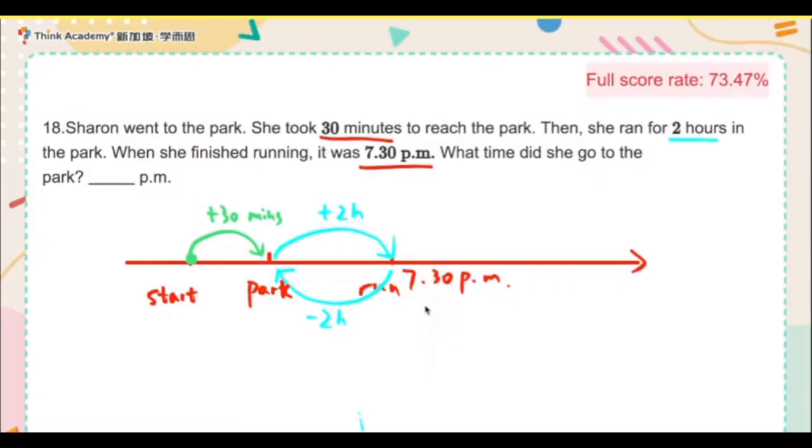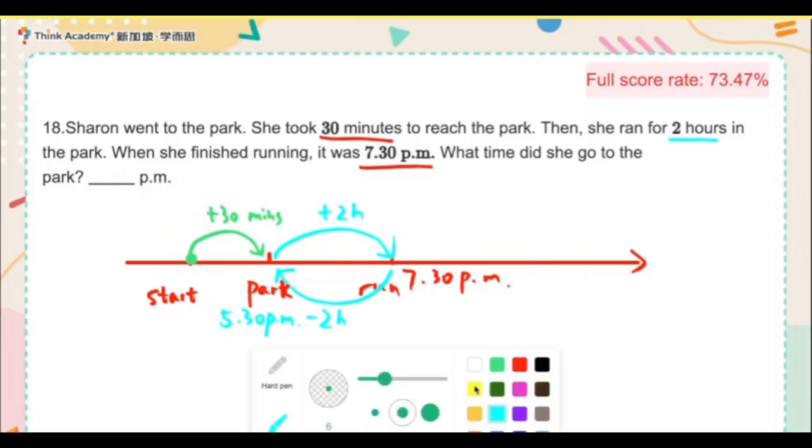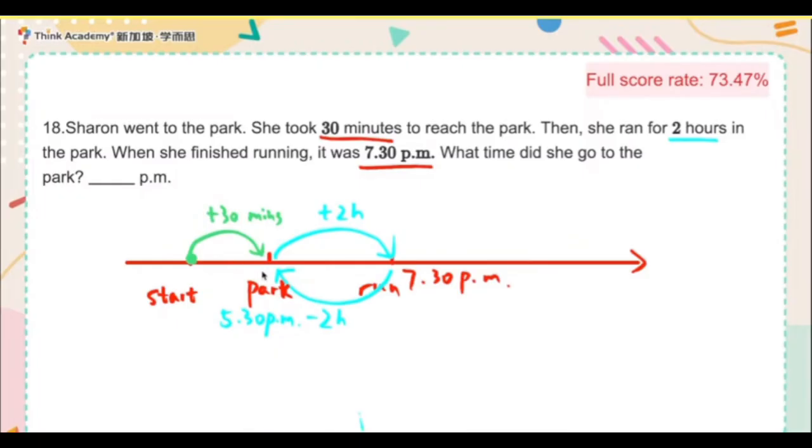So you see, before 2 hours, what time is it? That should be 5:30 p.m., right? So when she reached the park, it was 5:30 p.m. And then we also need to go back another 30 minutes to see when she went to the park.